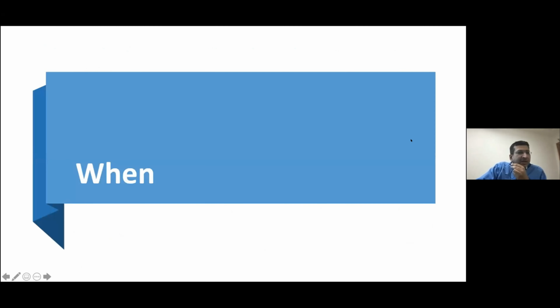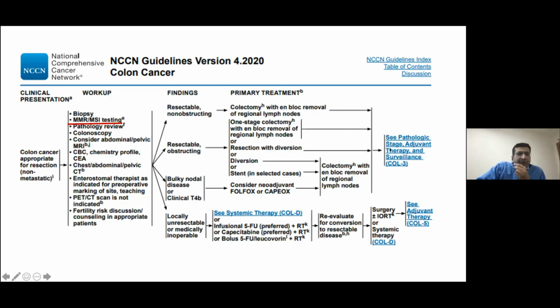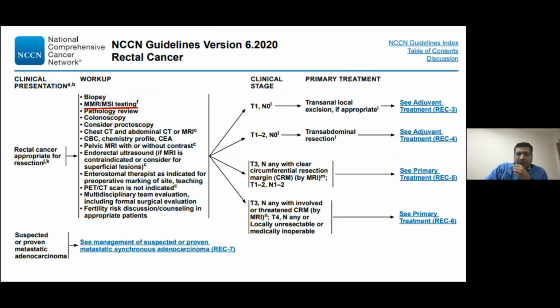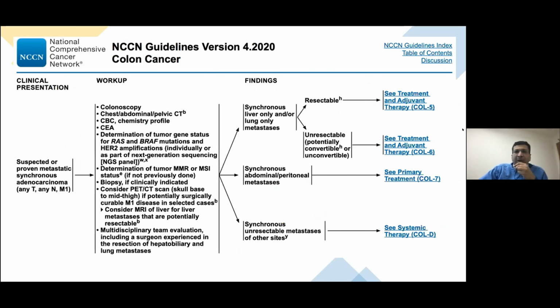So the first question is when to do the molecular testing, and what. If we look at the guidelines proposed by NCCN in colon and in rectum, in the non-metastatic setting, what is standard as of now is MMR and MSI testing. This is the standard recommendation. Once we move from the localized cancer to the metastatic setting, things change.